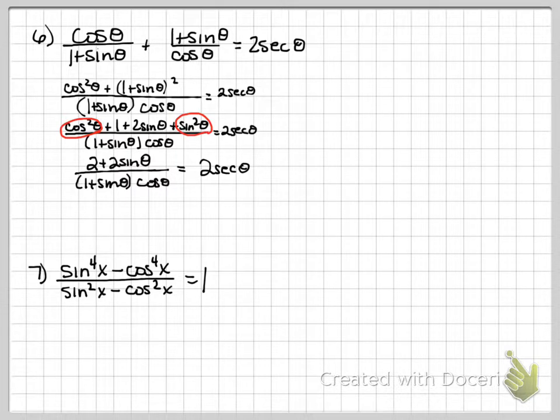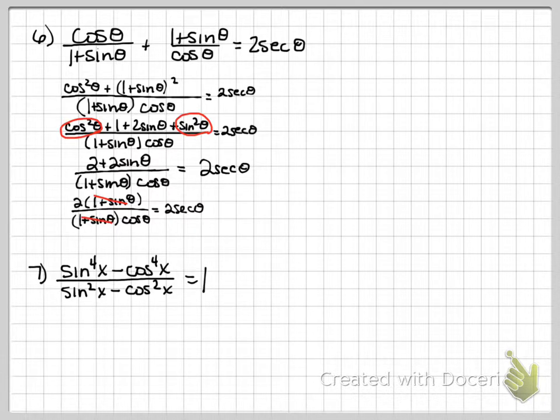Okay. If I factor out a 2 in my numerator, I end up with 2 times 1 plus sine theta over 1 plus sine theta times the cosine of theta equals 2 secant theta. Cross off my 1 plus sine thetas.